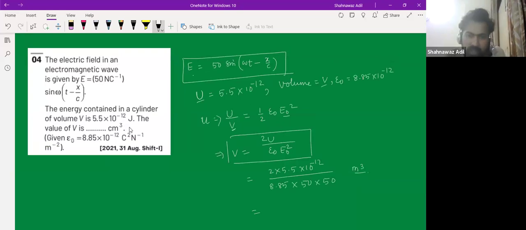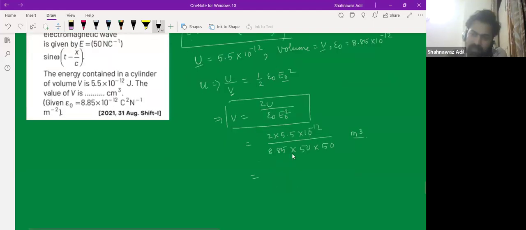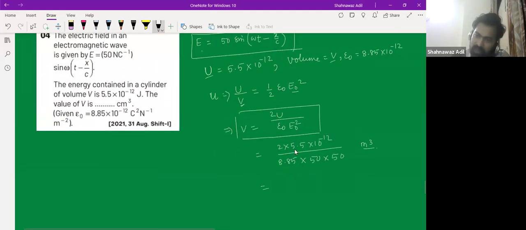The answer is in meter cube, and they are asking the question in centimeter cube.